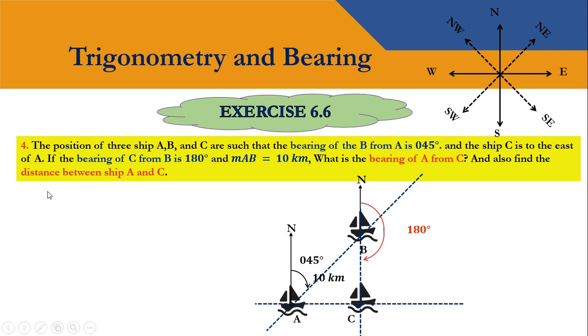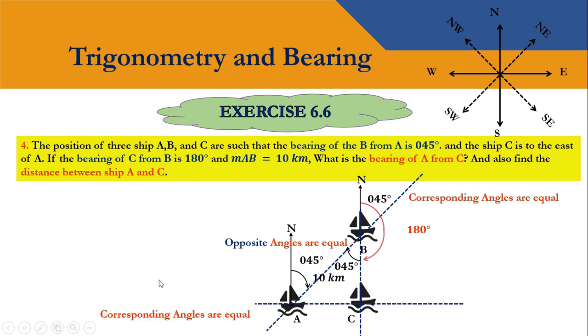First we find the bearing of A from ship C. According to corresponding angles, because corresponding angles are equal, here the angle is 45 degrees. If this angle is 45 degrees, then this angle should also be 45 degrees. Now, opposite angles are equal. So if this angle is 45 degrees, then the opposite angle, the angle formed within the triangle, is 45 degrees.